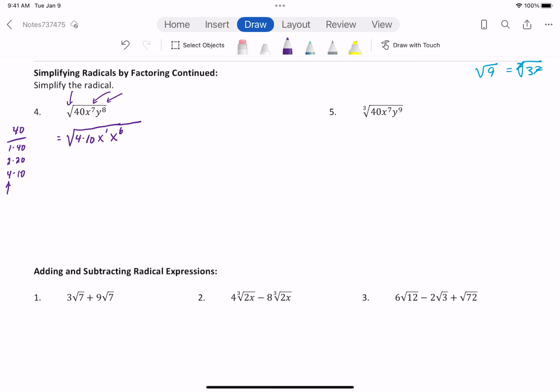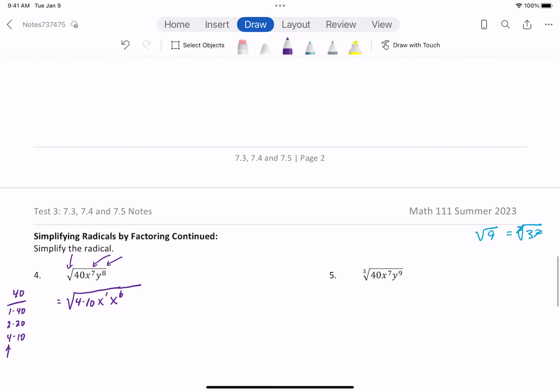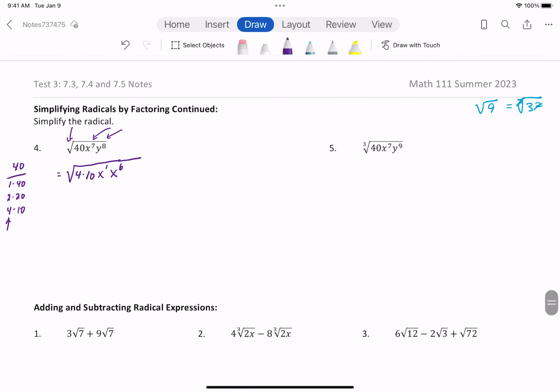So basically I'm trying to get this to be an even exponent. If it's odd, if you subtract 1, you're going to have an even number. So if I had x to the 11th, I would write it as x to the 1 and x to the 10th. Okay? Now I'm going to leave the y to the 8th because that one is even.